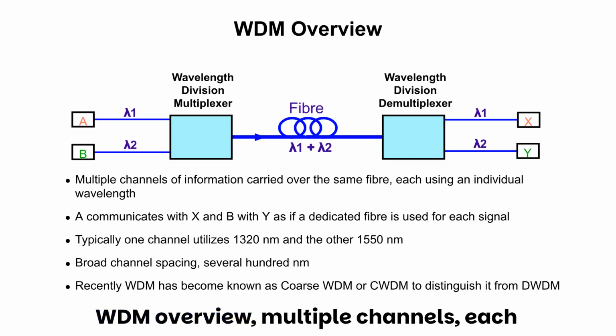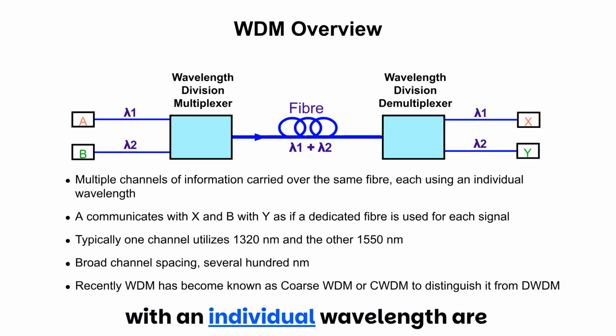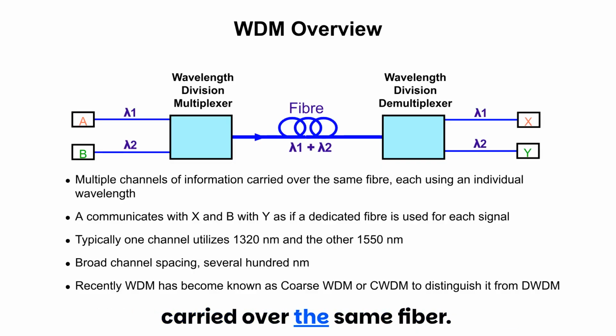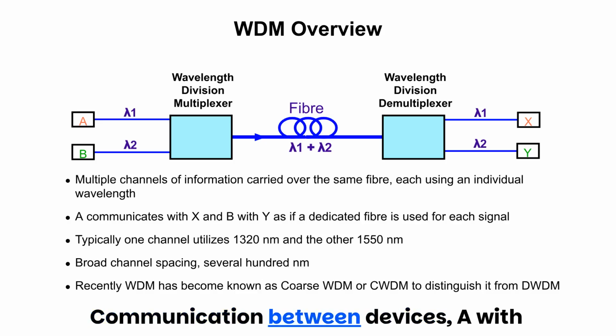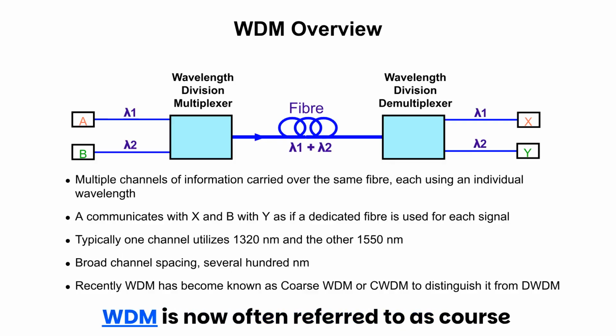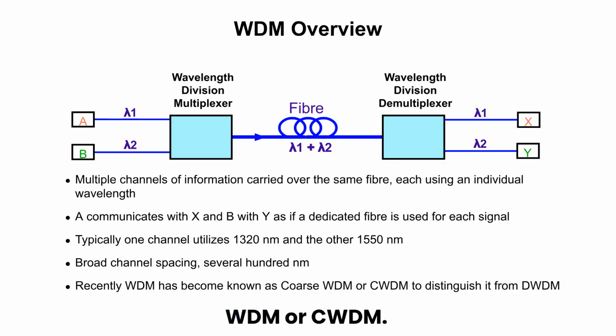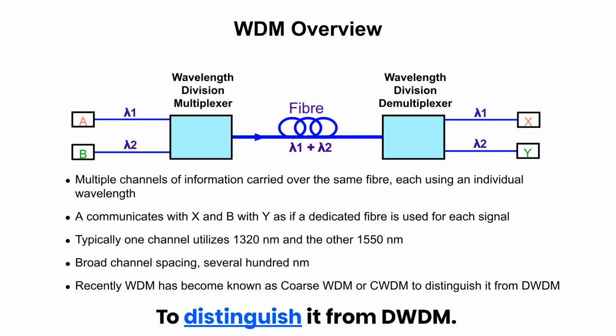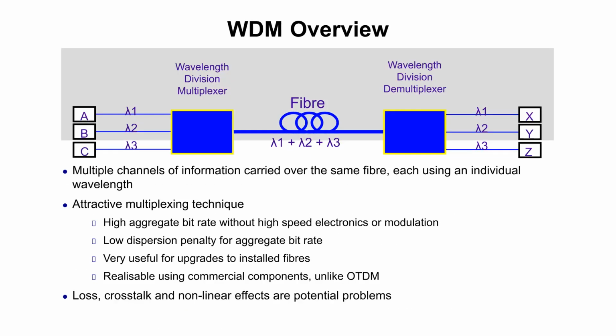WDM overview: multiple channels, each with an individual wavelength, are carried over the same fiber. Communication between devices, A with X and B with Y, occurs as if a dedicated fiber is used for each signal. WDM is now often referred to as coarse WDM, or CWDM, to distinguish it from DWDM.